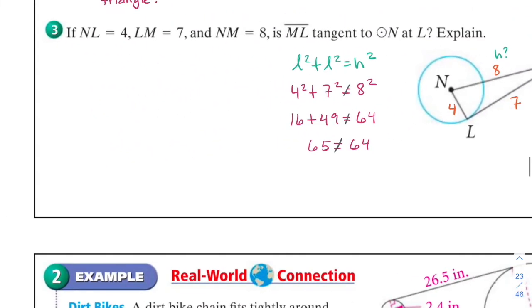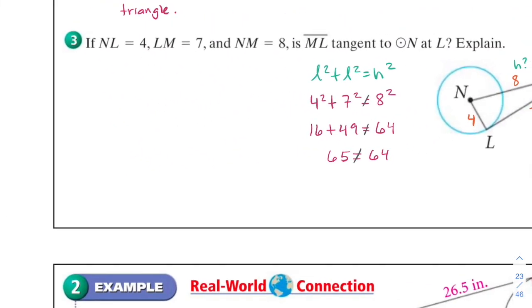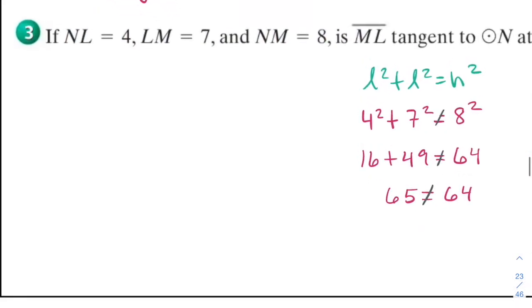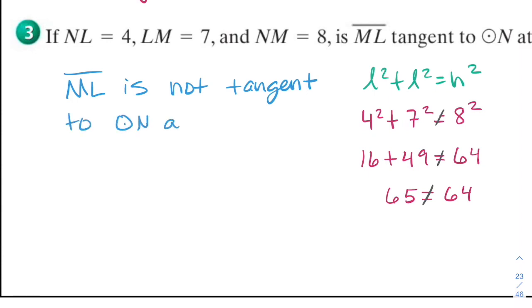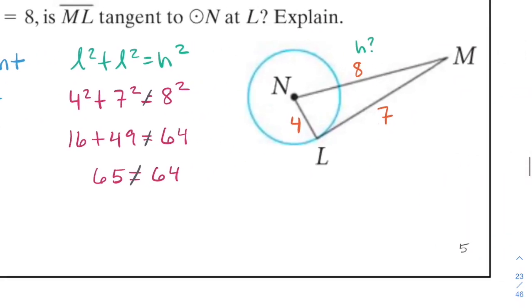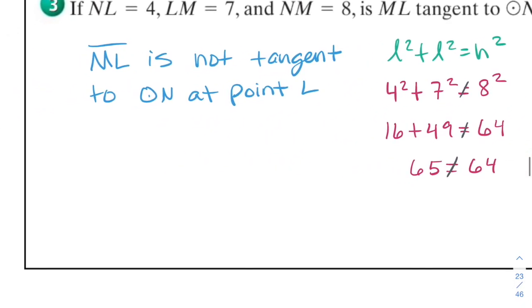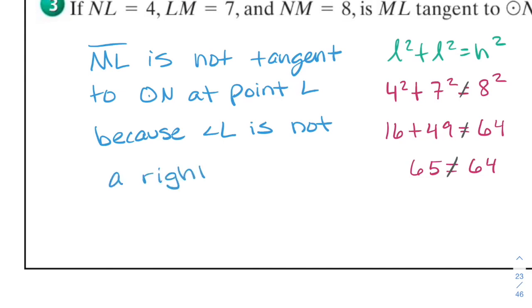So we are just going to say ML is not tangent to circle N at point L, because angle L is not a right angle.